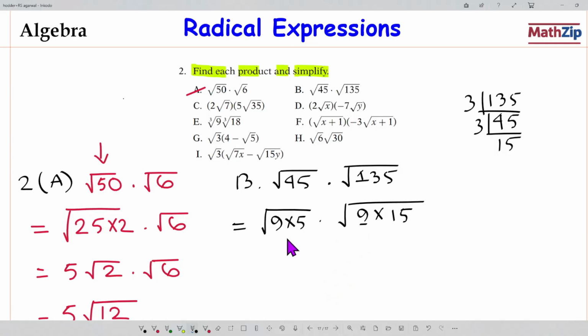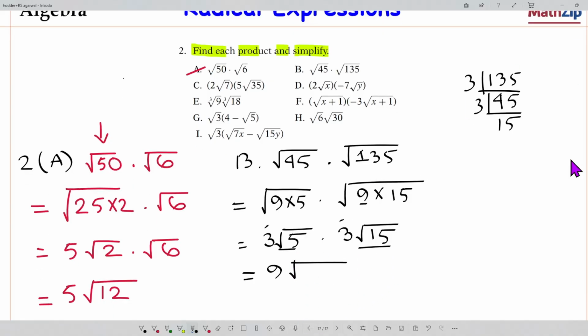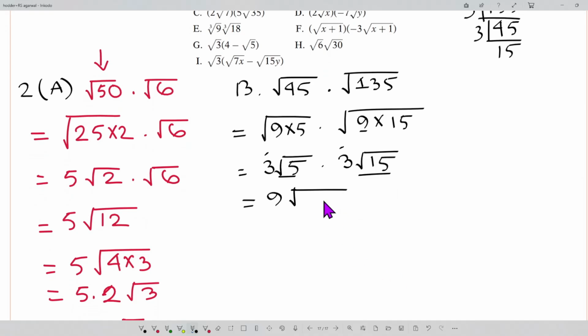So 9 is a perfect square, therefore we can get root 9, which means 3, and here is root 5, times similarly 3 and root 15. Now this 3 and this 3, once we multiply, it will be 9, and root 5 times root 15 will be root 75.